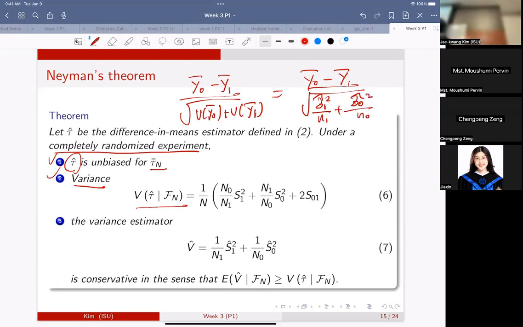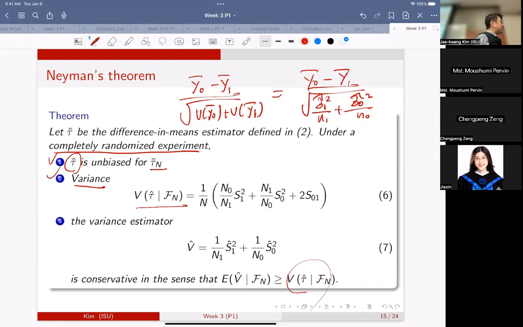So basically we want to have a different interpretation of the logic behind the t-test. If you use the potential outcome framework and the design-based approach, then your variance estimator is conservative in the sense that its expectation is greater than or equal to the true variance under the design.